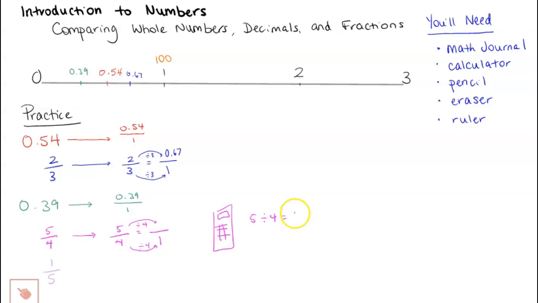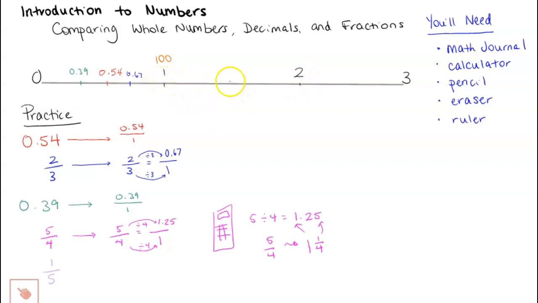That's going to give me 1.25. And that makes sense to me because 5 over 4 is also the same as 1 1/4. So 1 1/4. So now I can go ahead and compare this number to the rest because they all have the same denominator.